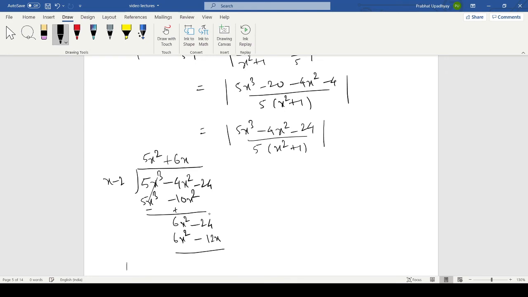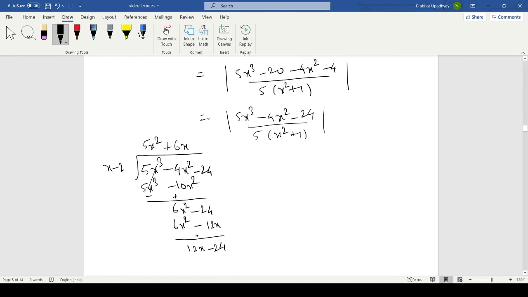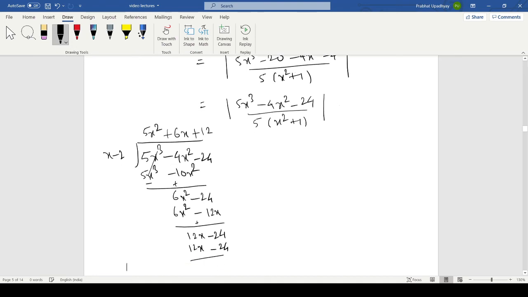So 6x square gets cancelled and this will become 12x minus 24. Now you should choose your term in the quotient as plus 12. So it will become 12x minus 24 and this is 0.